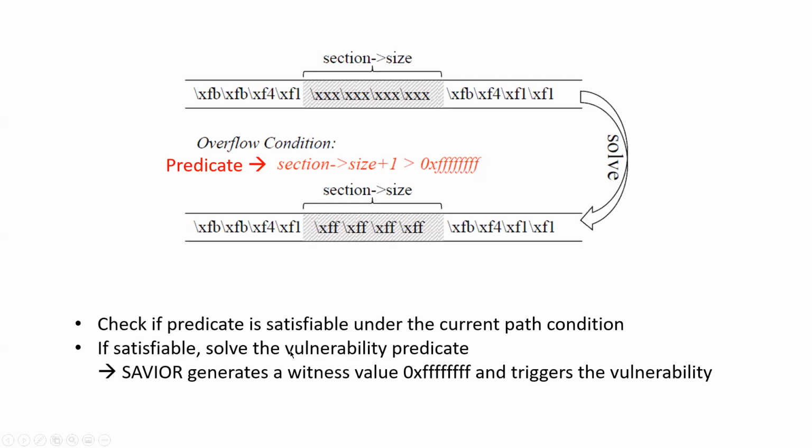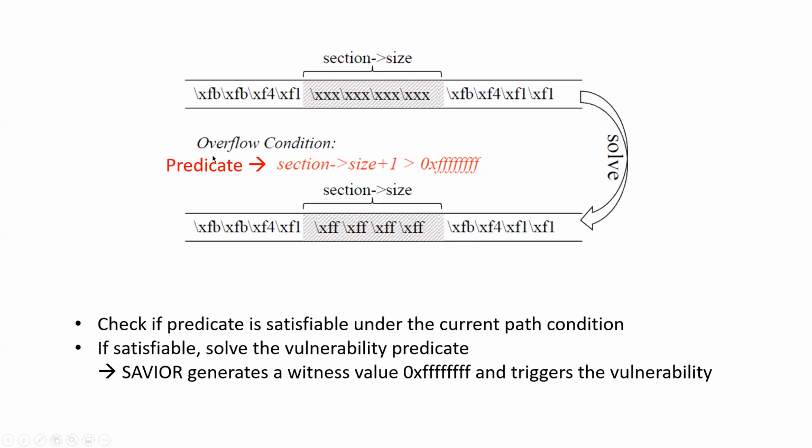Yeah, so what Savior does is it checks if this predicate is satisfiable under the current path condition. So it is possible that the code actually takes care of this vulnerability by checking whether section size plus 1 is more than this max value. So in the example that I showed, it doesn't check for this vulnerability.